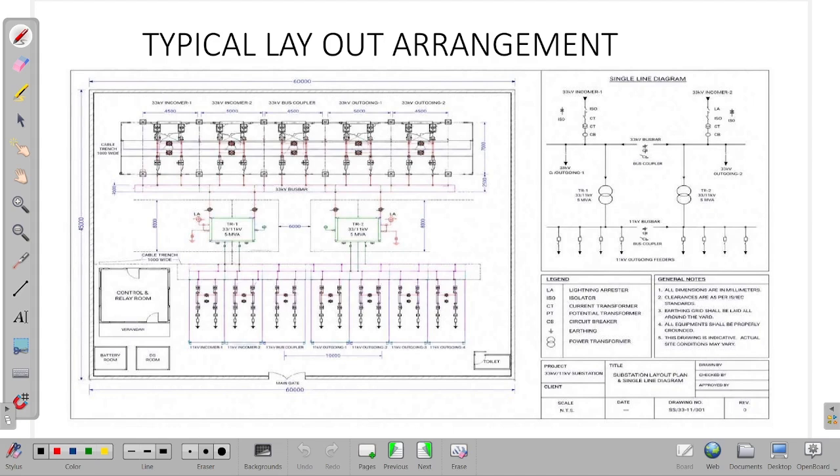Two transformers are there, and the components are arranged sequentially. So this is the layout plan of a 33/11 kV substation.